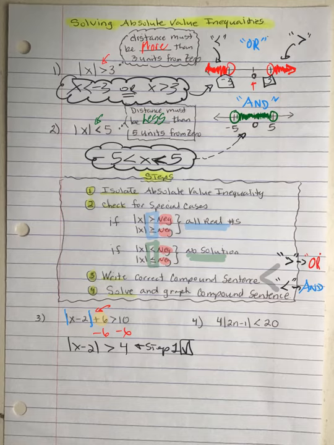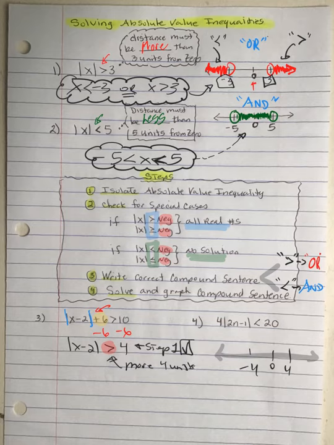So let's look at this again. Isn't this saying that we have to be more than 4 units from 0? So let's just think about this using a number line for a second. Sometimes drawing the number line helps ground yourself, to make sense of it. If we say you have to be more than 4 units from 0, where do you have to be standing?